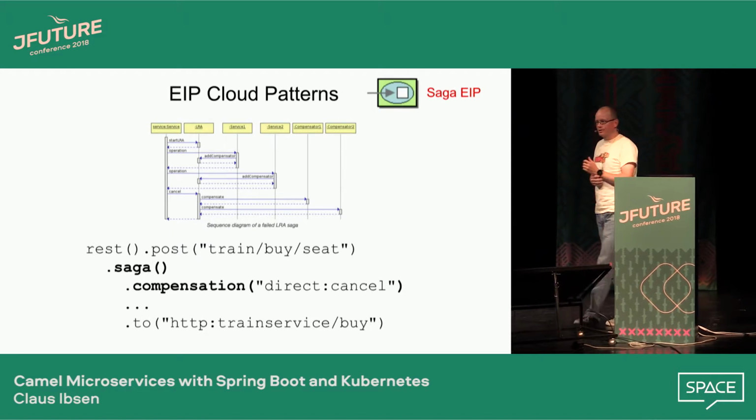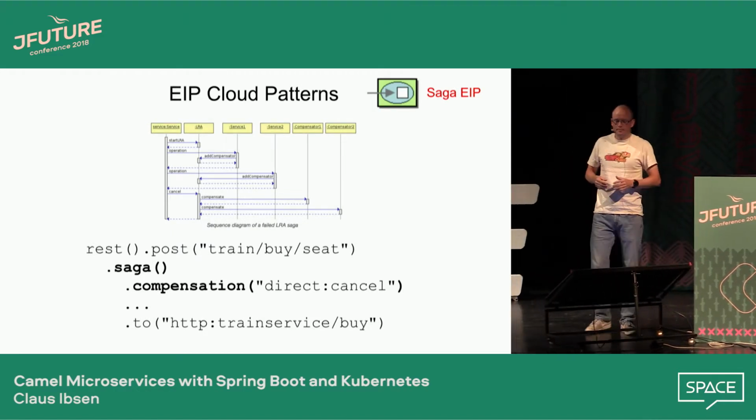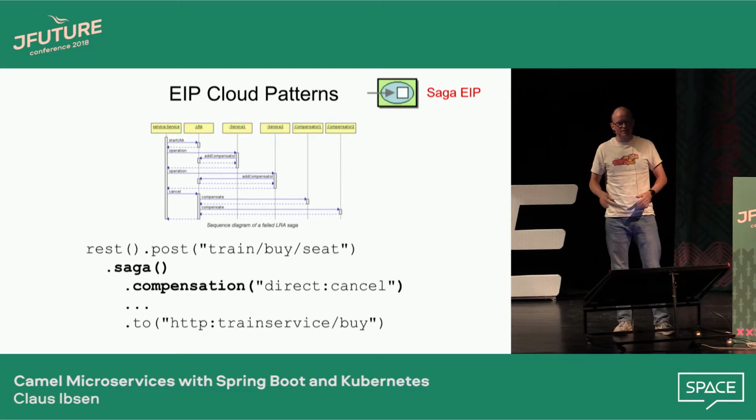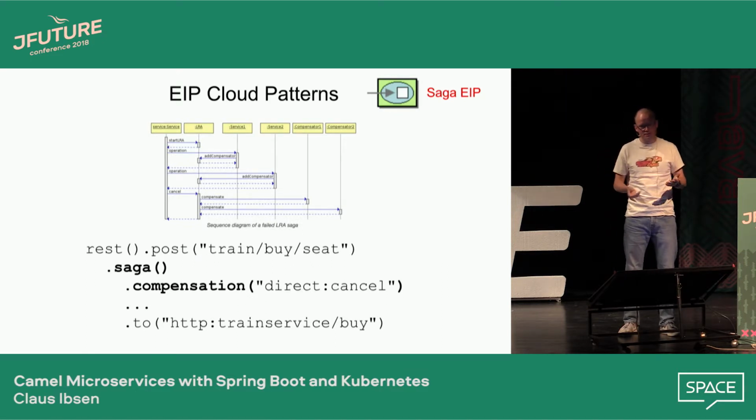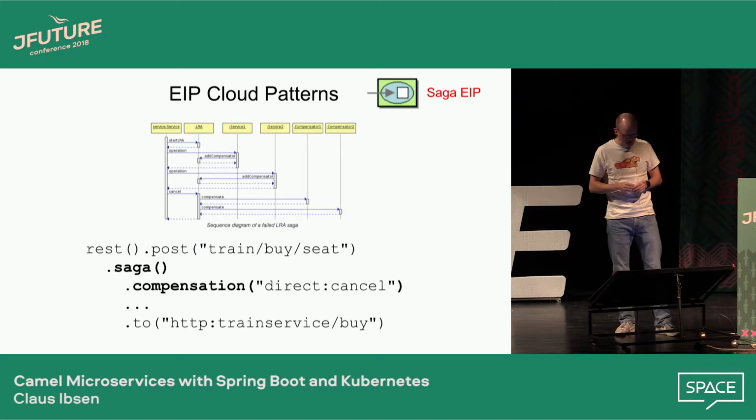There's also the topic of distributed transactions around microservices. In the classic world of Java EE, we had XA transactions and a transaction manager from the platform. We can do that with JDBC and JMS. When we have microservices and distributed systems, we don't really have that anymore.